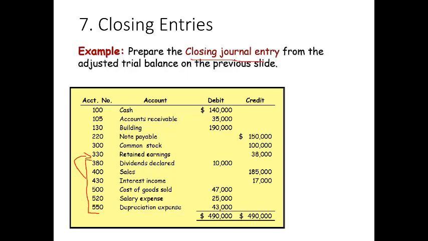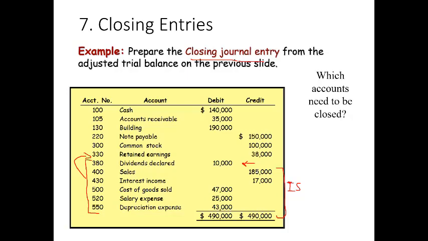This can be two parts, with the income accounts first and then the dividends account, or you can do it all at once. I prefer doing all of the income statement accounts first and then the dividend account to retained earnings so that you can keep track of net income.